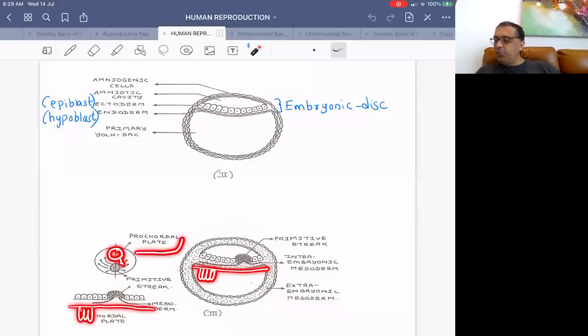The procordal plate forms the future head end, and a line passing through it forms the central axis of the child.